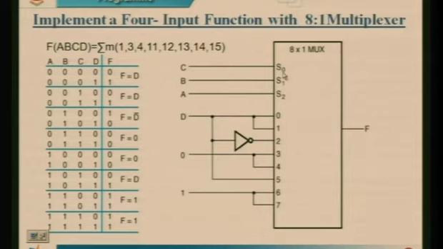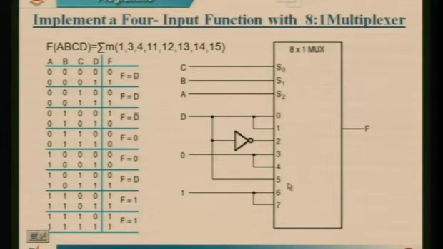So S0 is least significant over here, S2 will be the most significant bit. So what should I connect now? Yes, C I should connect to S0 because C is LSB and S0 is LSB. B to S1, and A is MSB, so I should connect it to S2. So this is the connection made to the 8:1 mux.